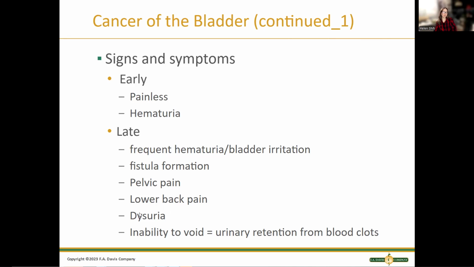You could also have pelvic pain, lower back pain, dysuria, and an inability to void, because there's urinary retention from blood clots. So when it's early signs and symptoms of bladder cancer, you have hematuria, meaning that there's red blood cells mixed in with your urine, and that urine is probably sitting in your bladder, just waiting to exit.